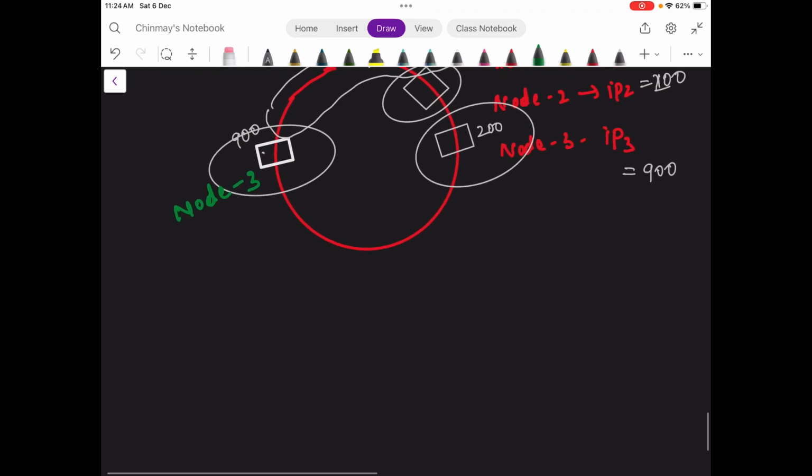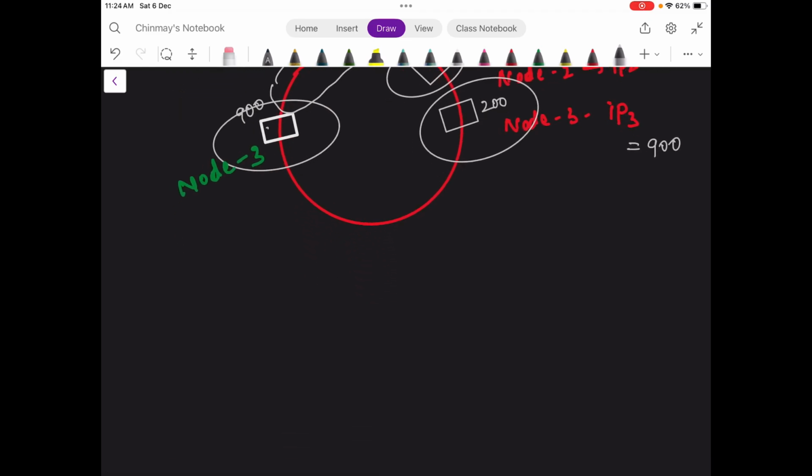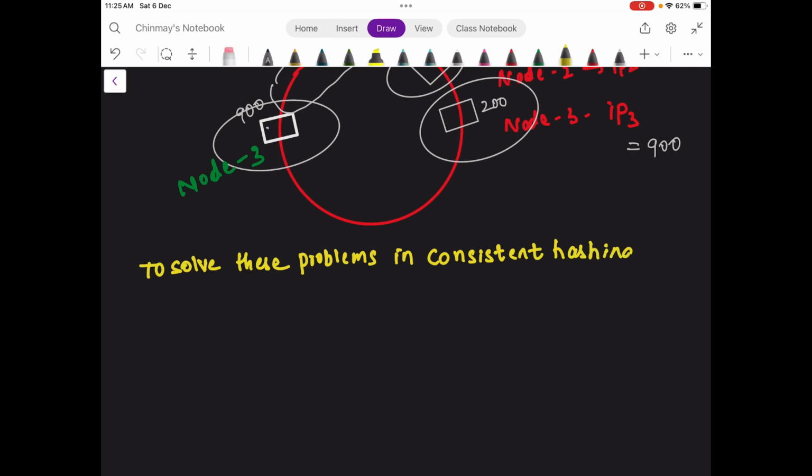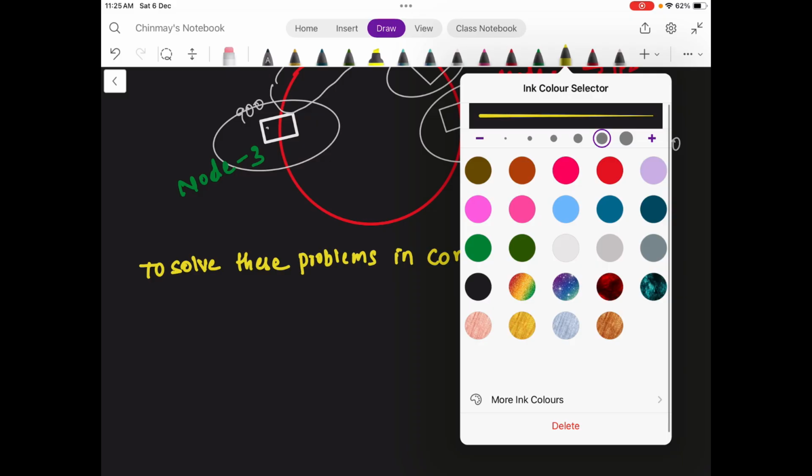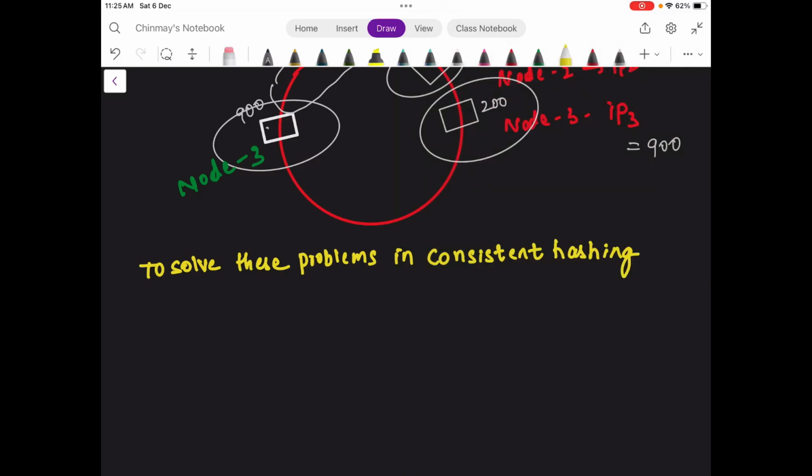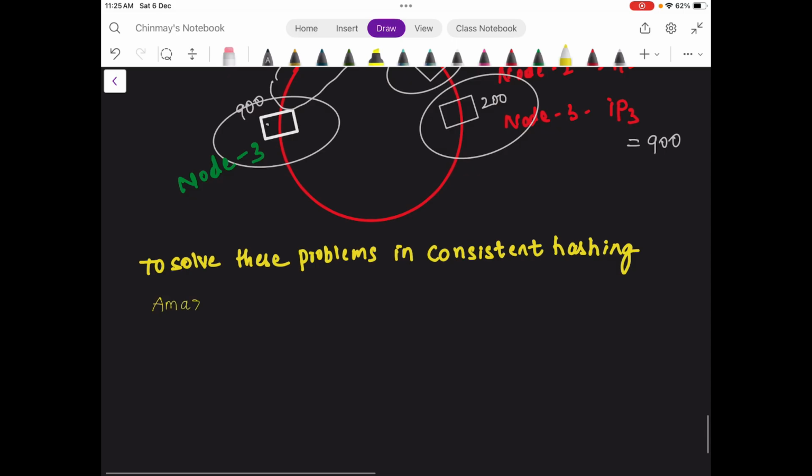Okay, to solve these problems in consistent hashing, Amazon comes with a solution.